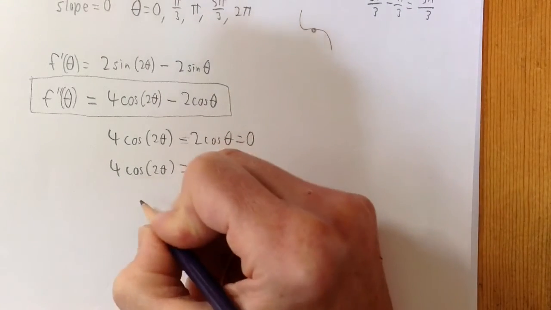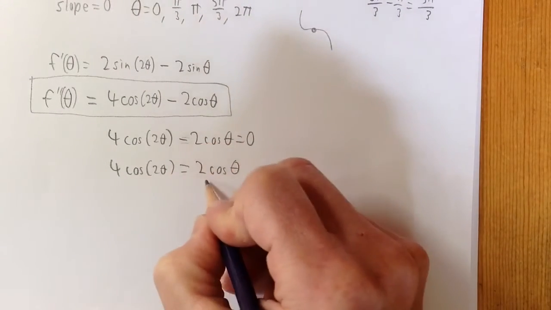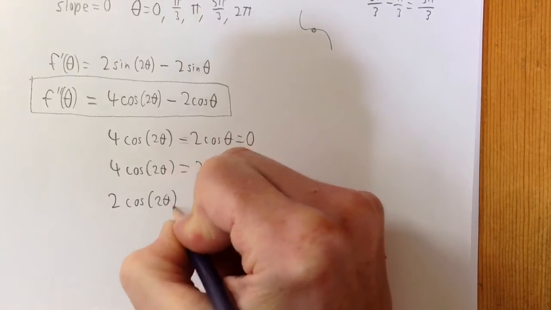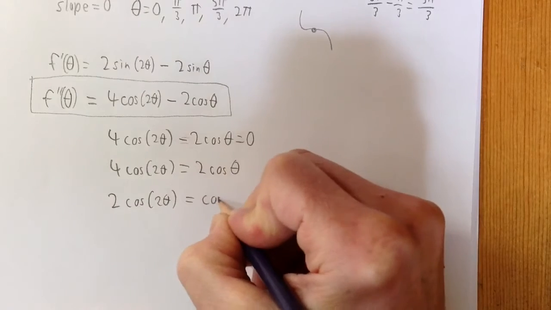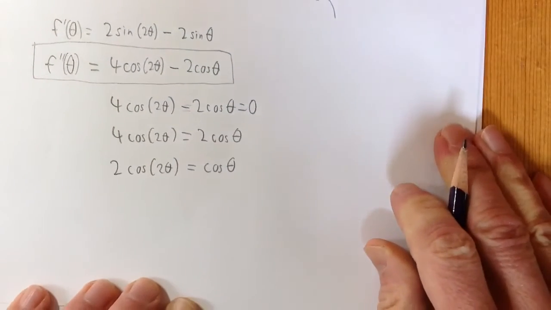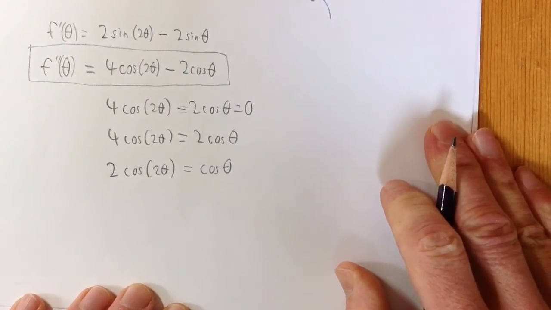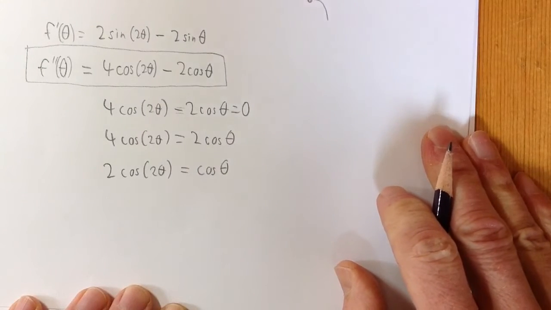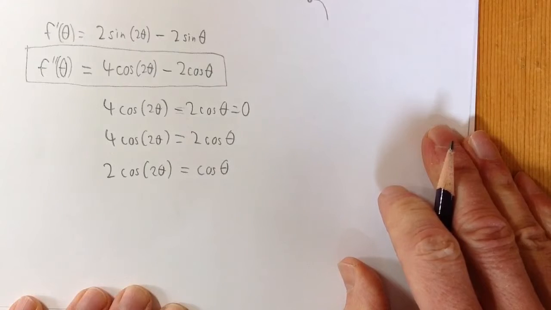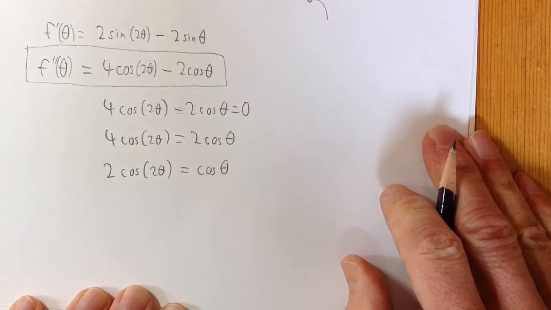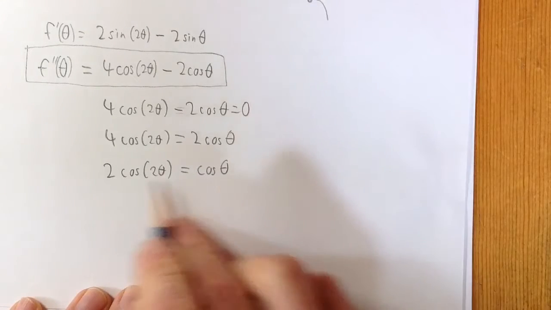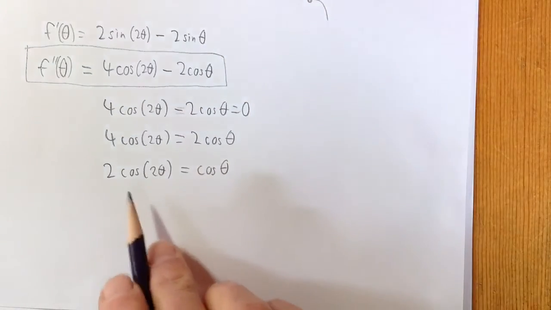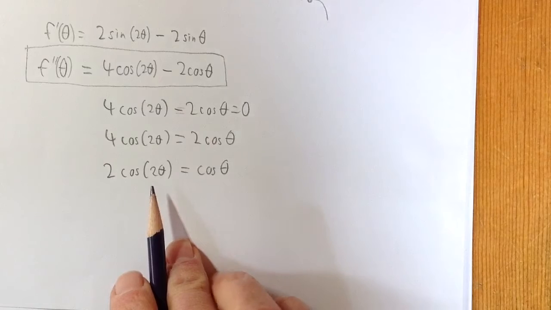Divide both sides by 2, so I have 2 cosine 2 theta is equal to cosine theta. Those are going to be the places where the second derivative is 0, which means they're going to be inflection points, where it switches over from being positive to negative. Okay, just like before, we're going to have to find a trig identity for cosine of 2 theta.